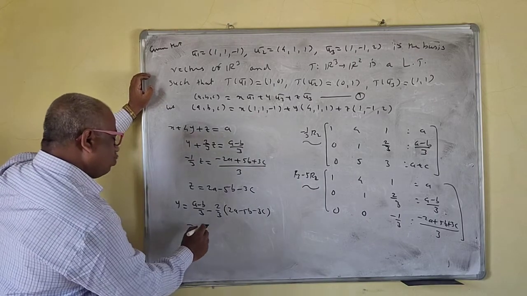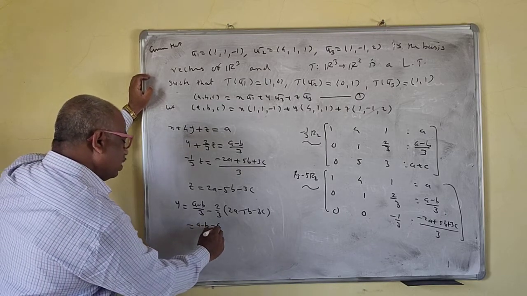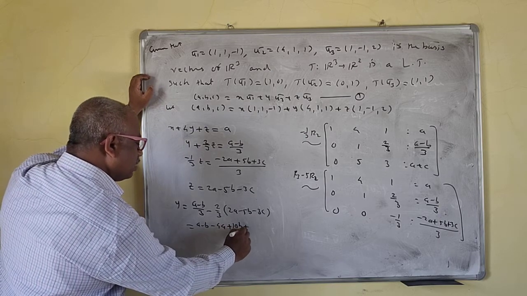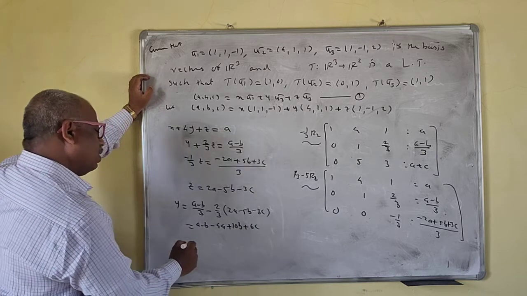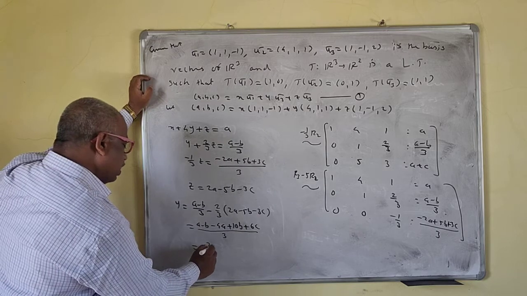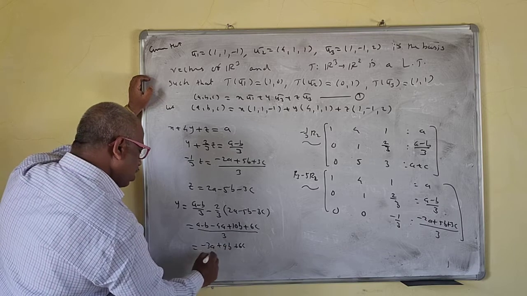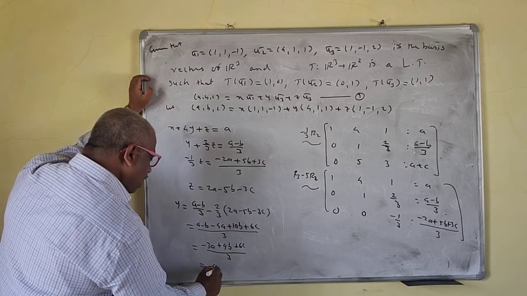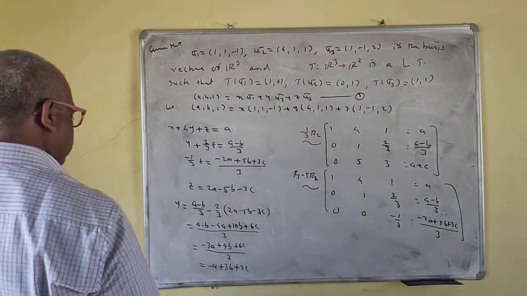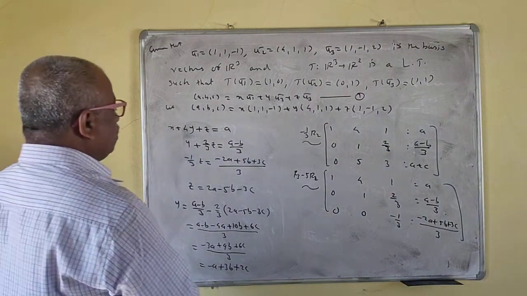Now both the denominators are same, so this is (a minus b minus 4a plus 10b plus 6c) upon 3, which is (minus 3a plus 9b plus 6c) upon 3, so minus a plus 3b plus twice c. So this is correct.